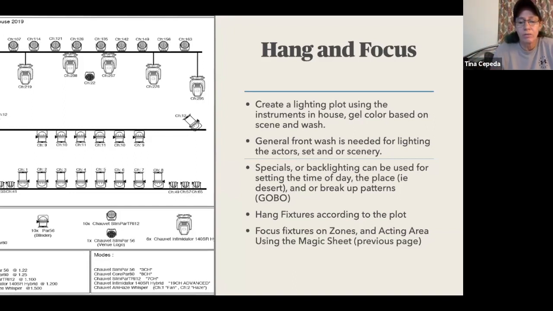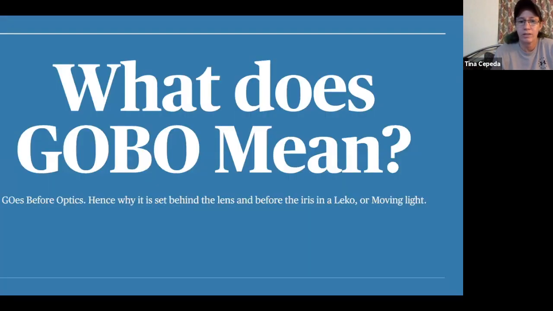All right, so what is a gobo? This is my last part on the whole lighting things. So a gobo, what does it mean? It means go between optics. A gobo is a metal or a glass plate that's put into a holder, and you slide that into a slot in the top of a Leko, that is behind the lenses of the Leko, but in front of the iris.